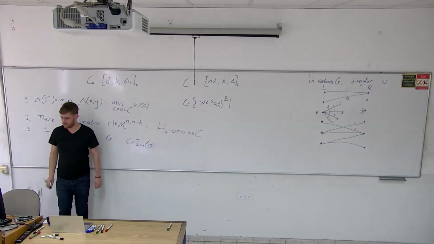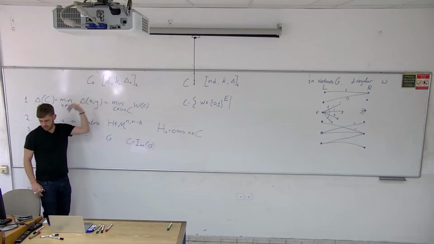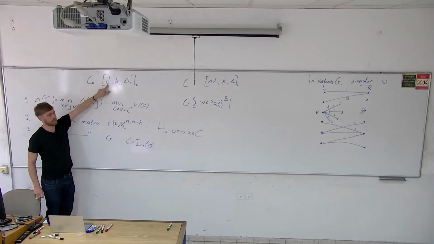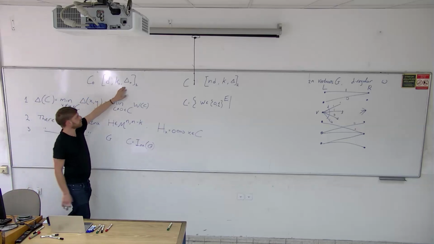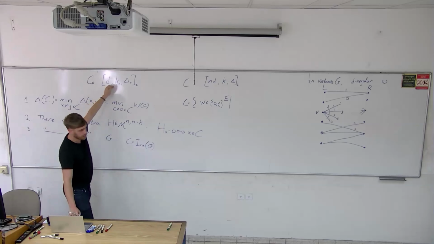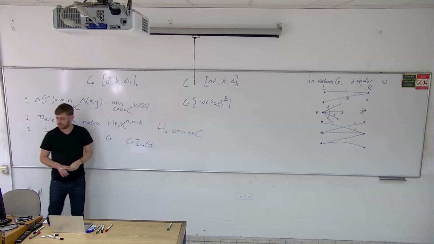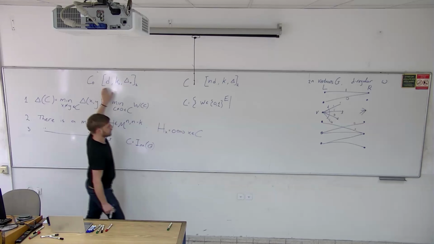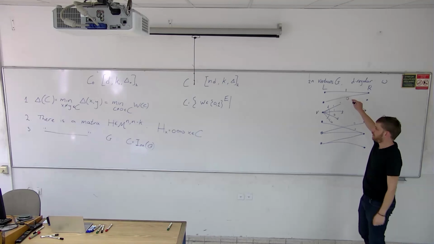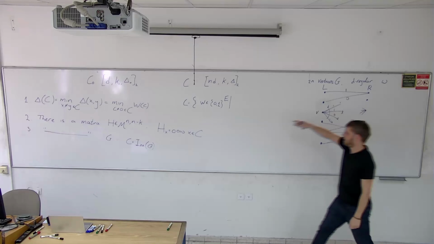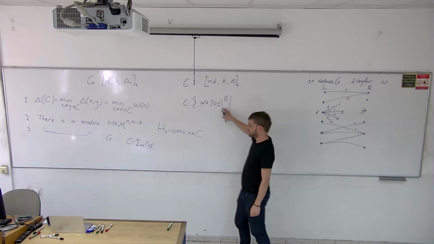So it was important. Okay, let's start from the beginning. I have this code. It's easy to construct because I think of d as a constant, so I can just find such a code. And now I'll use this code in order to construct an expander code of any size I want. I have this code and I have this expander, and I think of the words in the new code as assignments to the edges.